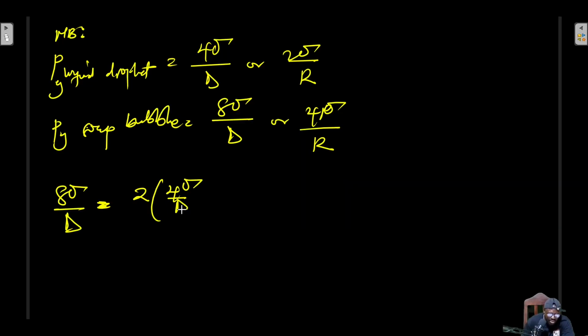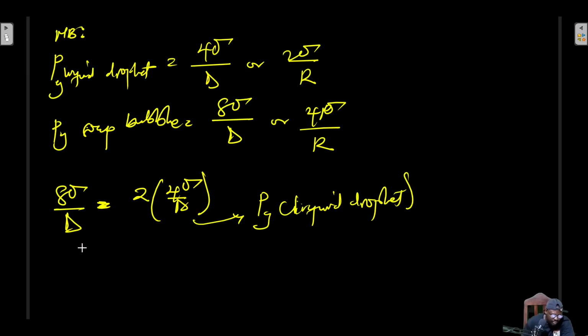I can say that 8 sigma over D is equal to 2 times 4 sigma on D, and my 4 sigma over D is my gauge pressure of a liquid droplet. My 8 sigma over D is my gauge pressure within a soap bubble.